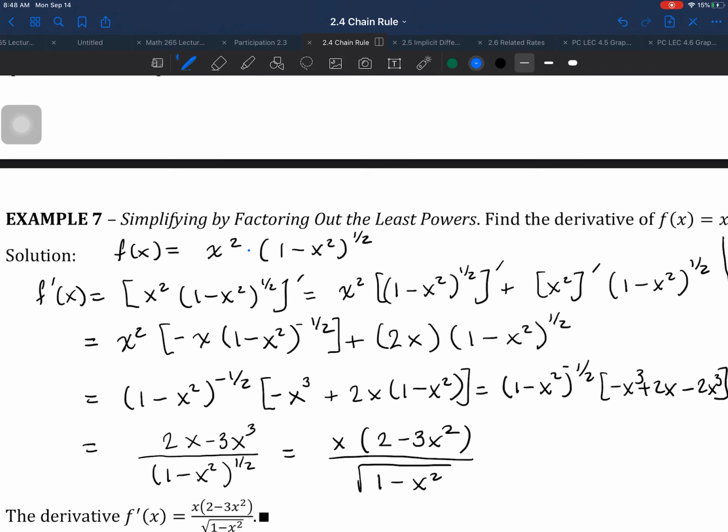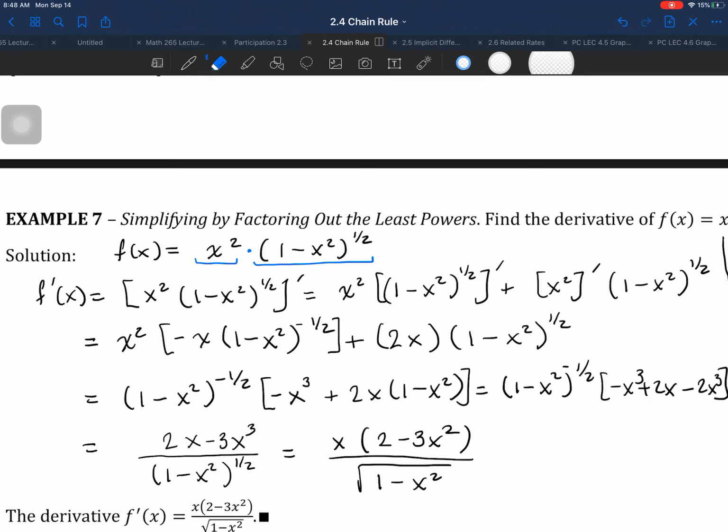So let me separate this into 2 boxes here. I see this being multiplied by this. I don't have to put a dot there to tell you that this is multiplication. It's already assumed to be multiplication because of the parentheses.